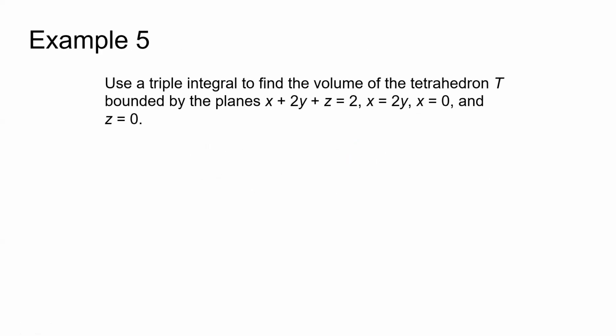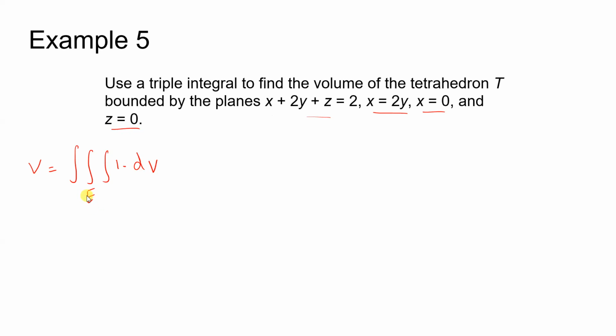First of all, we have this example. Use a triple integral to find the volume of the tetrahedron T bounded by the planes x plus 2y plus z is equal to 2, x is equal to 2y, x is equal to 0, and z is equal to 0. Since we are required to use a triple integral to find the volume, we are going to use the formula we just learned in the previous slide, that we are going to integrate 1 over this region E.